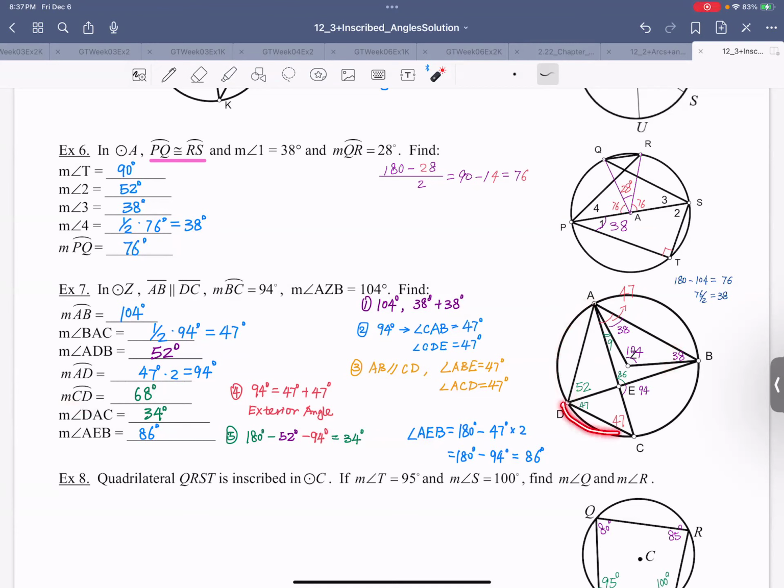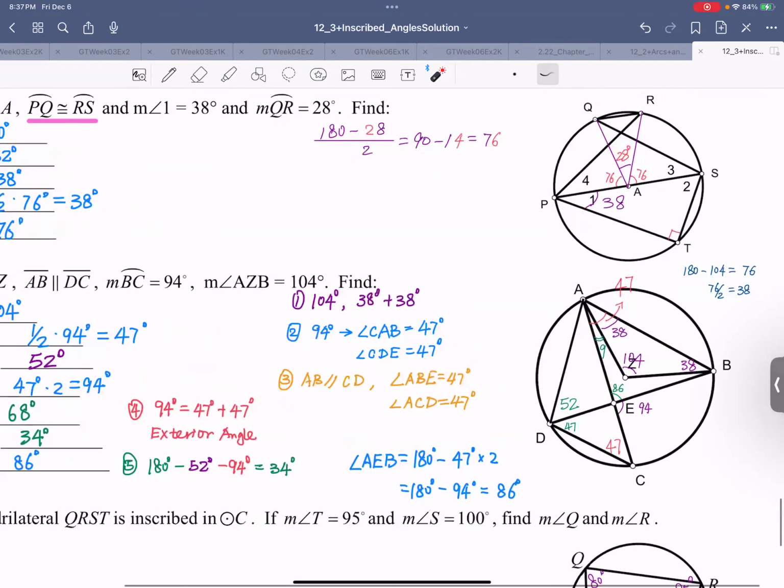Arc of CD. We want to calculate that guy. So let's see. This guy here is how much? We have this 86. So we have the exterior angle theorem. This guy is going to be the two non-adjacent angle summation. 86 equals to who plus 52? 34.